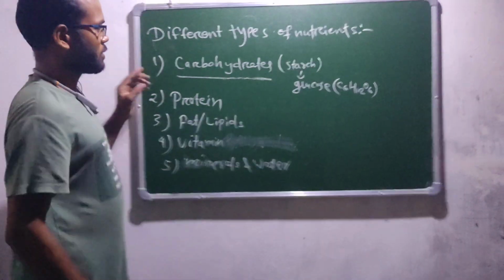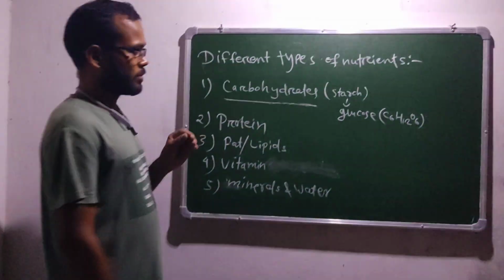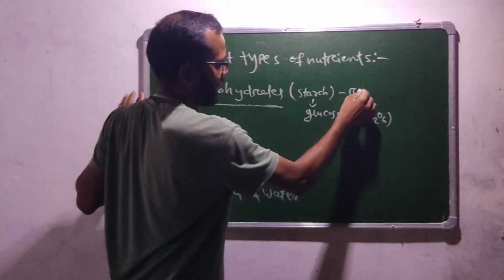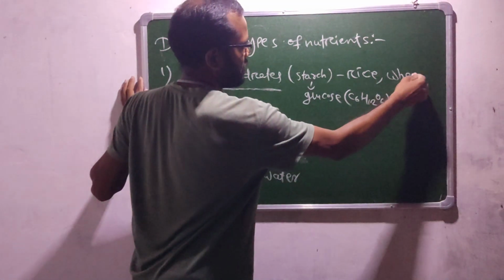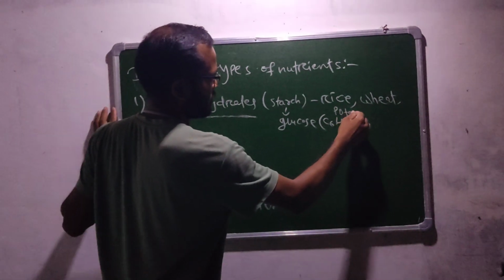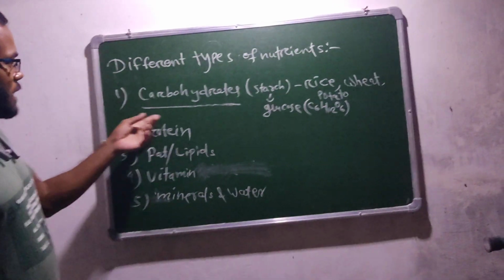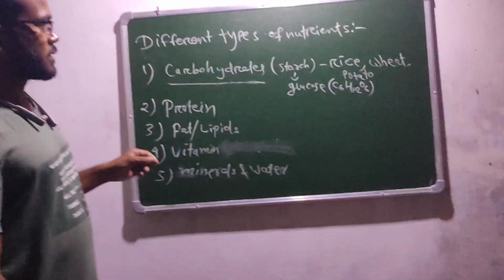From which food do we get carbohydrate, this starch? The main important foods are rice, wheat, and potato. Mainly from rice, wheat, potato we get carbohydrate.